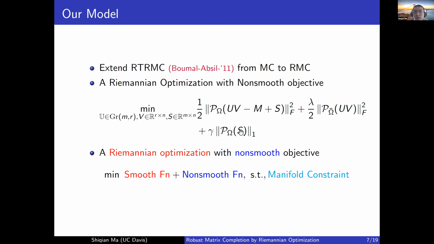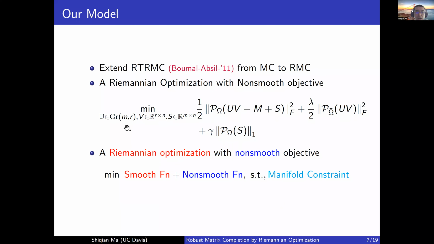If we only have one of them, then it's much easier. For example, if we do not have the non-smooth objective function, then we're just minimizing a smooth function over a manifold constraint, so we can use the Riemannian gradient method or the Riemannian trust region method.